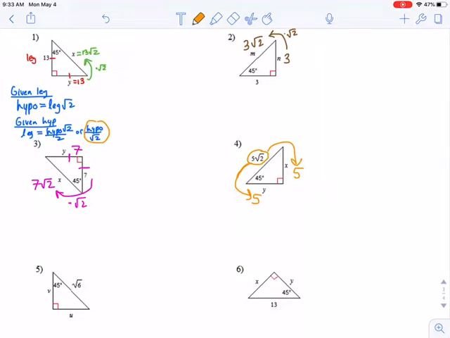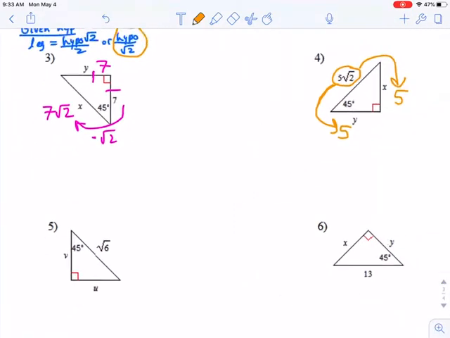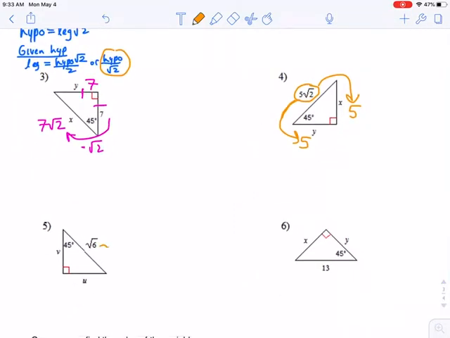All right. Ooh, number 5, a little bit more of a doozy. Let's say this as just dividing by radical 2 again. What's radical 6 divided by radical 2? Well, it's almost like radical 6 over 2, or just radical 3.